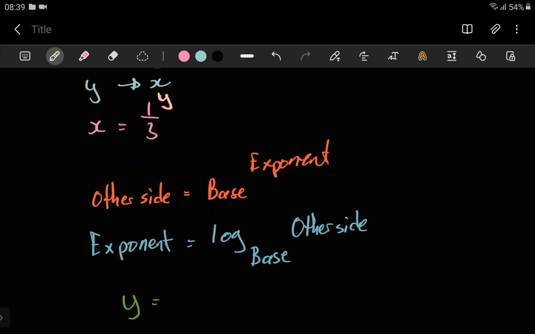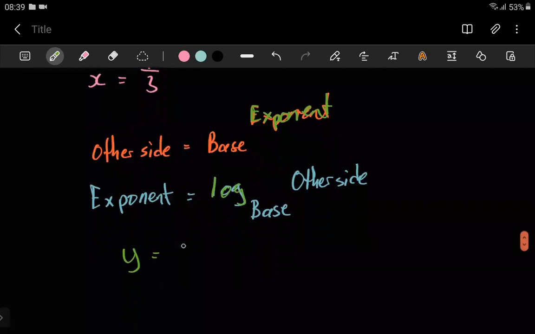That should be your reminder of when to use logs. You see that, wait a minute, here we're kind of stuck because we want to make y the subject of the formula, but y is an exponent. So as long as you see y is an exponent, think of logs. When you see an exponent and you're trying to bring it down, think of logs. When you bring it down, it is just going to be equal to log.